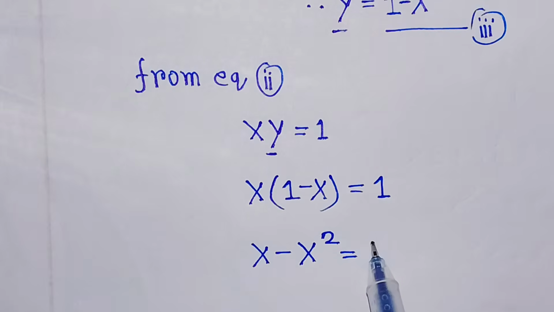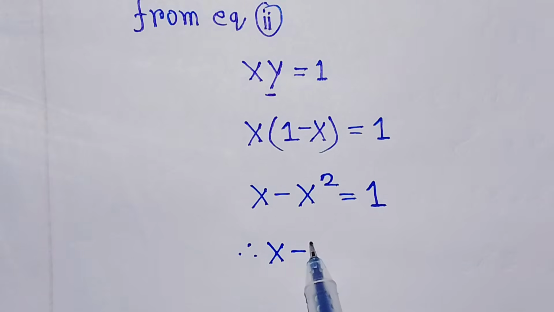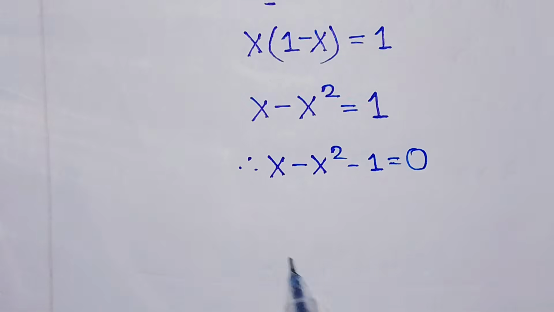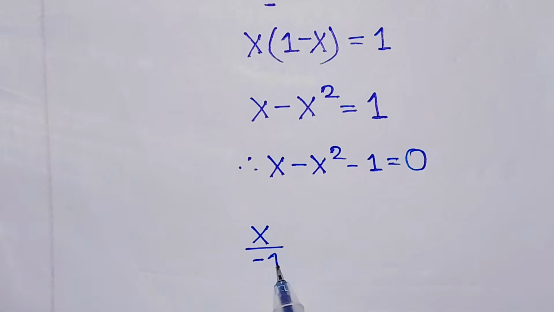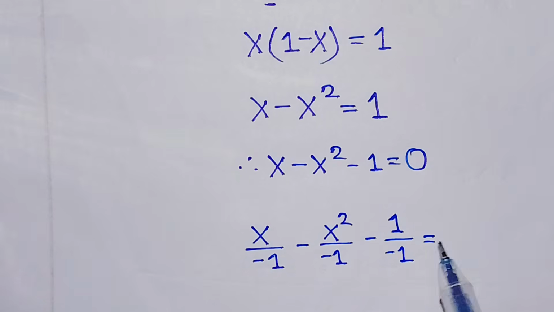From here we move the 1 to the left side, then we get x - x^2 - 1 = 0. If we divide both sides by -1, we get -x + x^2 + 1 = 0.